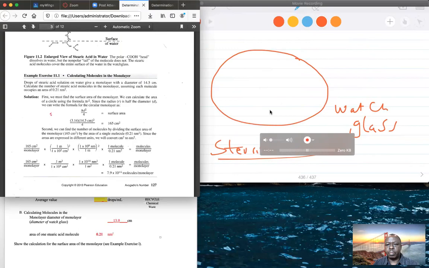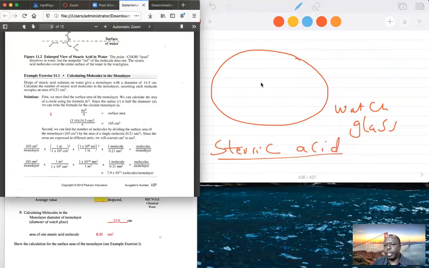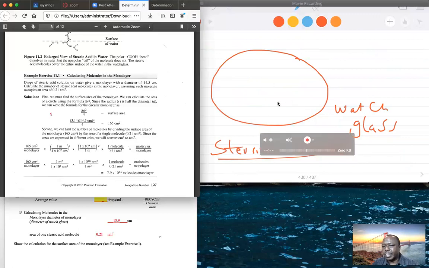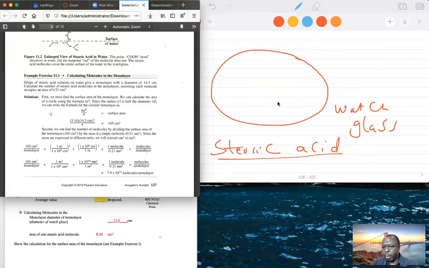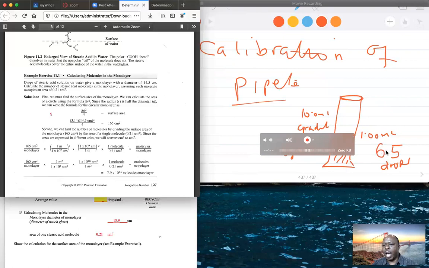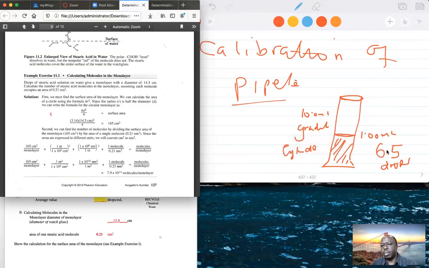For example, if it takes me 12 drops of stearic acid to form a monolayer, I will use the calibration information, that 65 drops give me 1 ml, to find how many ml are in the 12 drops used to make the monolayer. That is what is taking place in calibration right here.